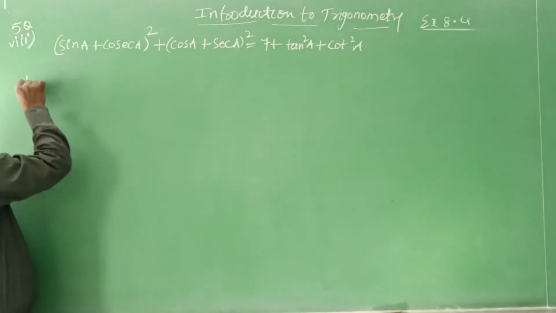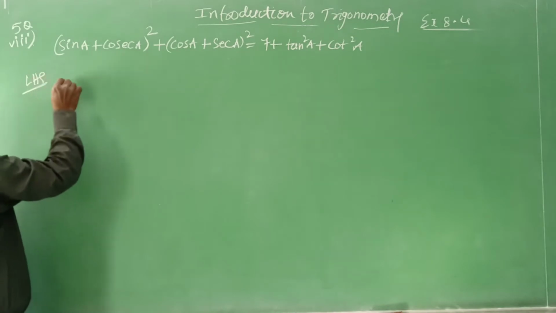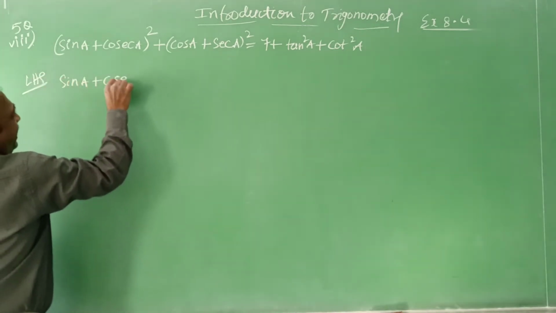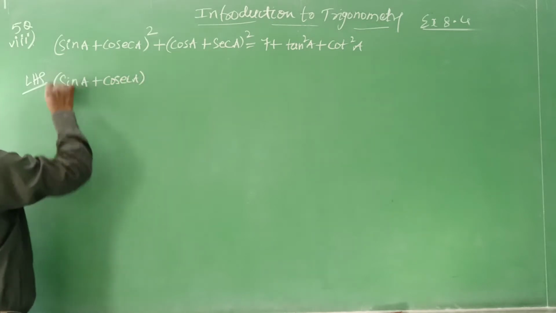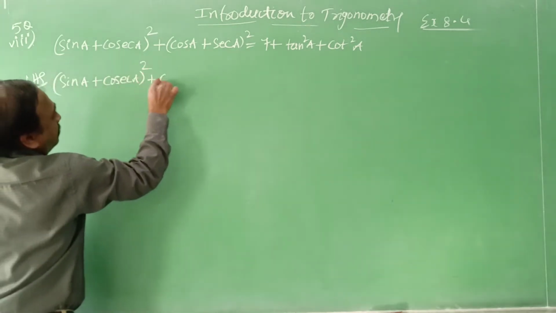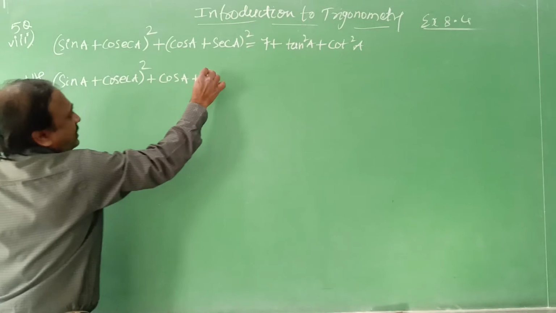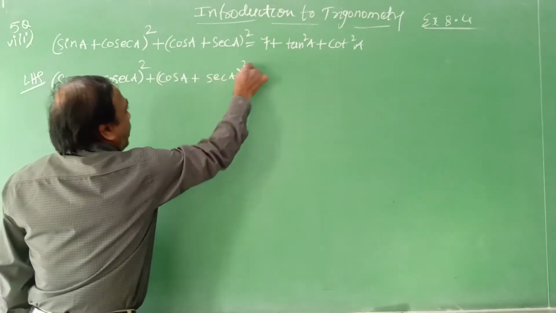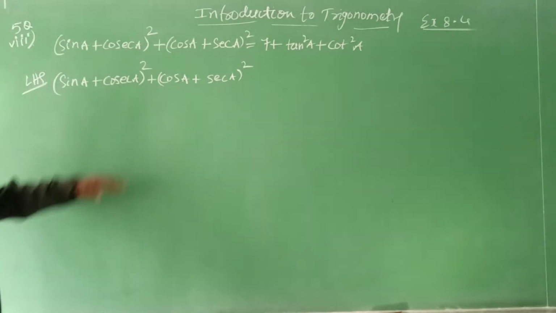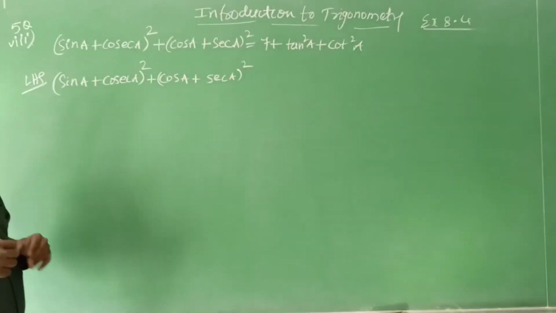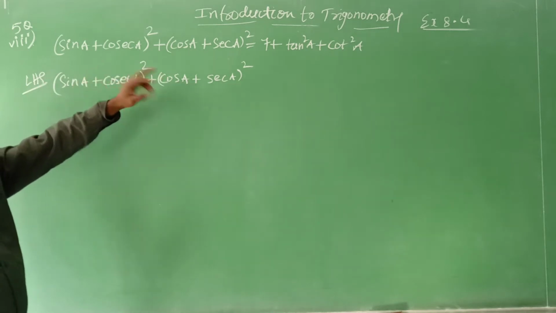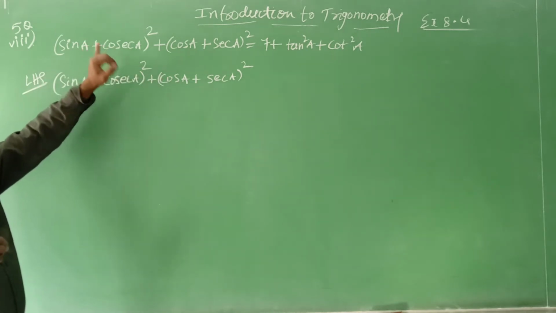So here LHS is sin A plus cosecant A whole square plus cos A plus secant A whole square. Now the answer is in terms of tan and cot, while this side we have secant, cosecant, sin and cos.